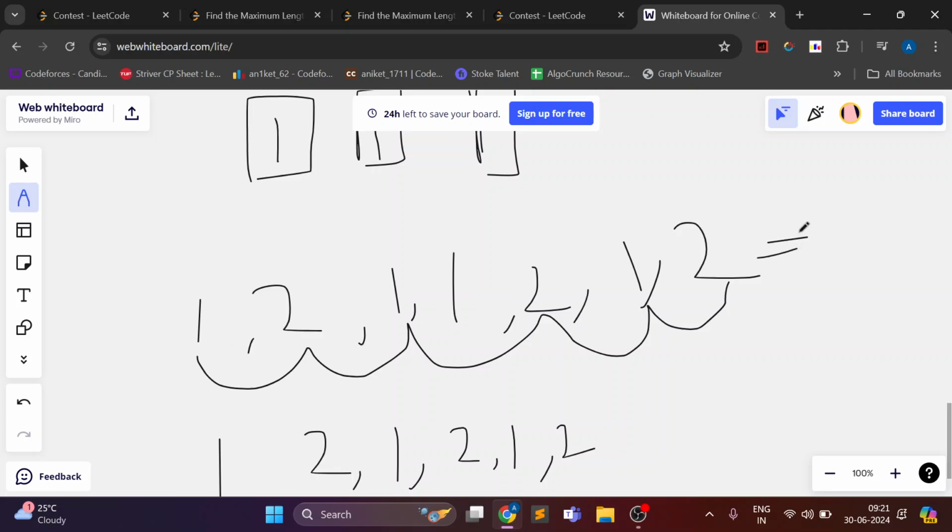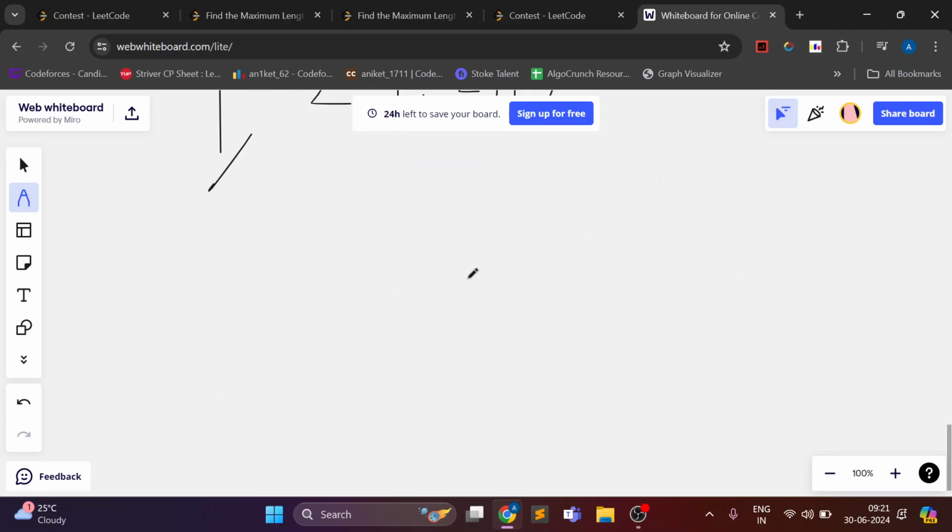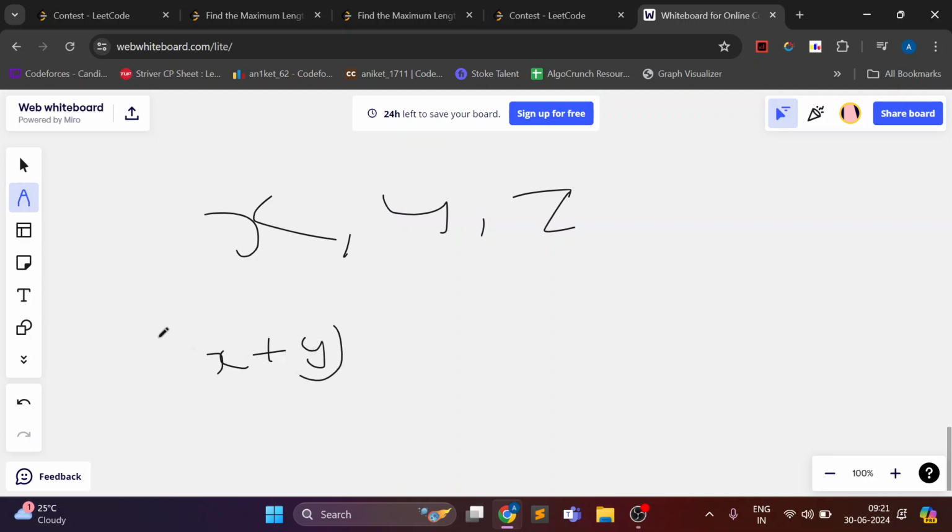Now, why is that? Let's say x, y, and z. So x plus y mod 2 is equal to y plus z mod 2.